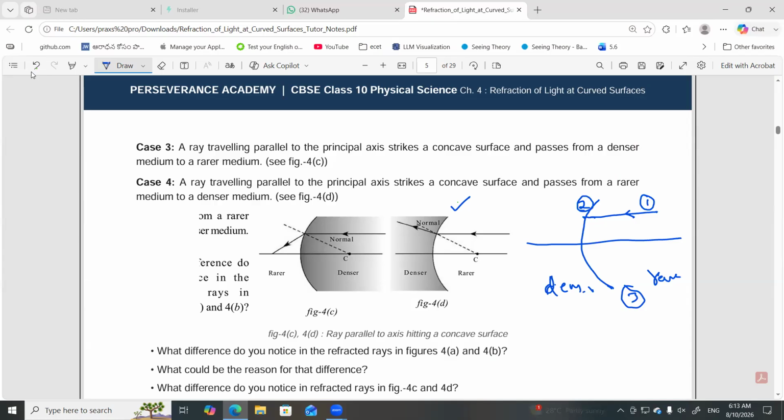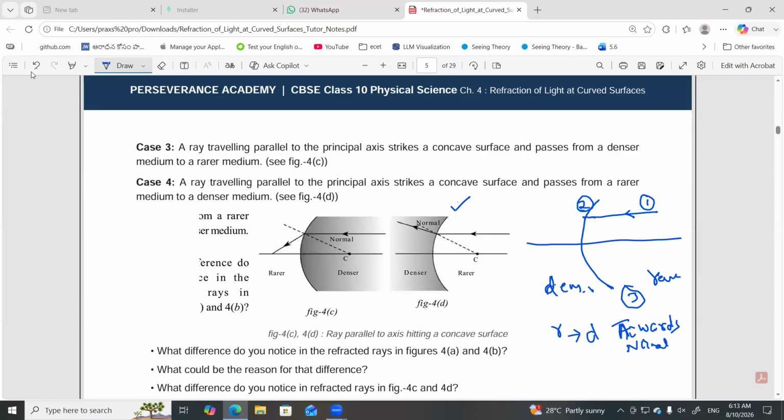Okay. Now we are ready. Now we all know that when a light ray enters from rarer medium to denser medium, it bends towards the normal. So what is our duty now?